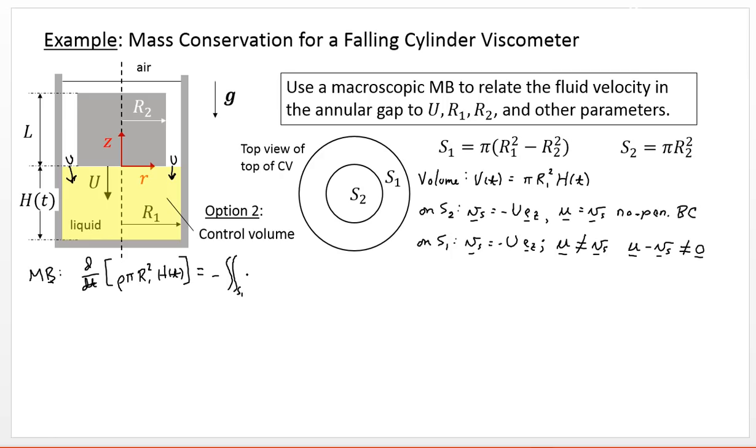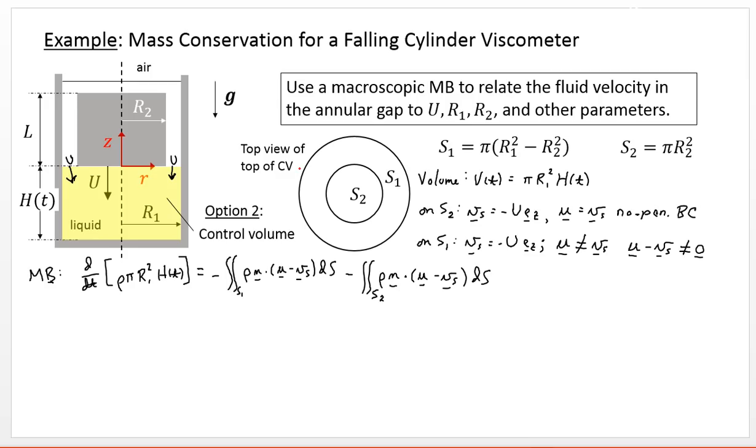On S1, we have rho n dot (u minus Vs) dS, and we write out the term for S2 as well, just for completeness, rho n dotted with (u minus Vs) dS.